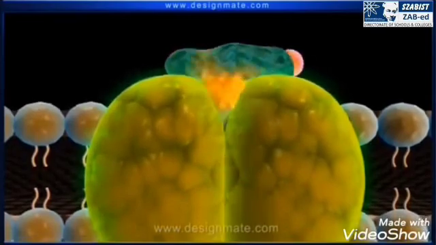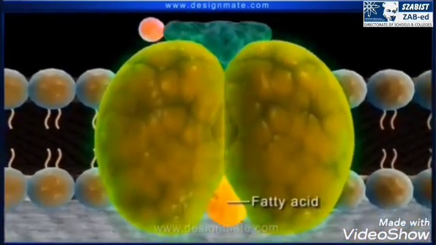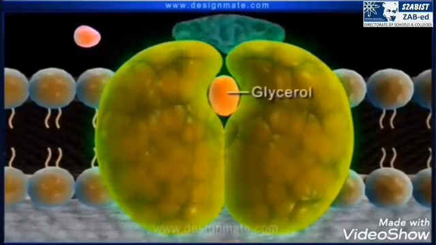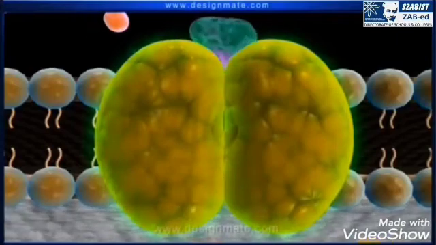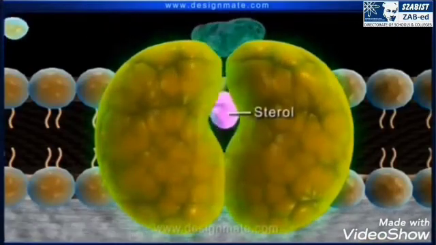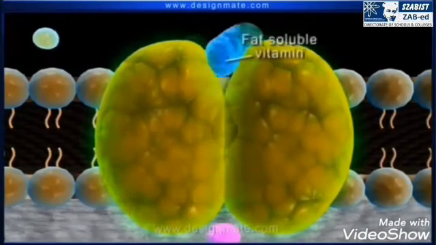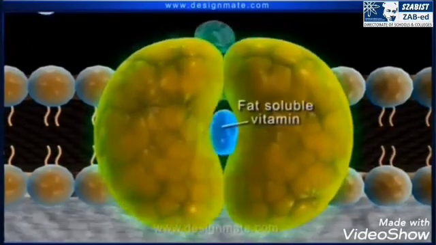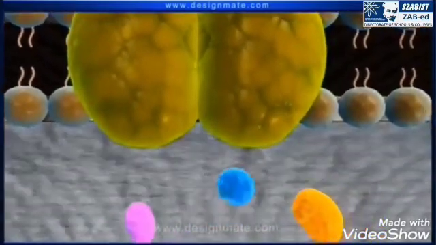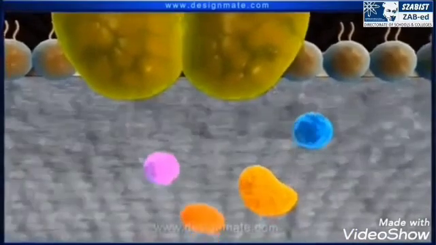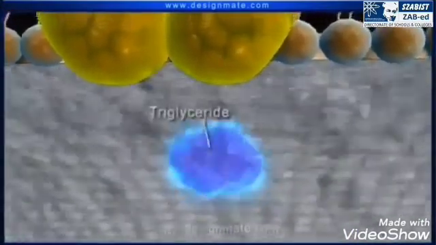From these micelles, fatty acids, glycerols, sterols, and fat-soluble vitamins are actively absorbed by the intestinal cells, and are resynthesized into triglycerides or fats.